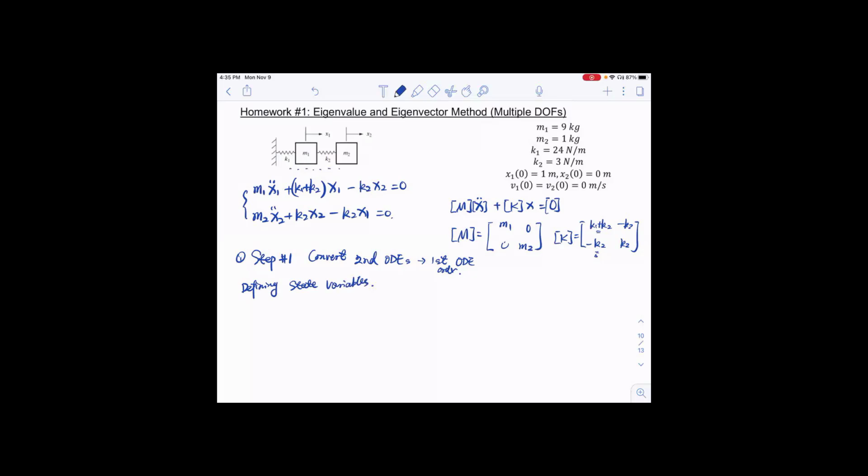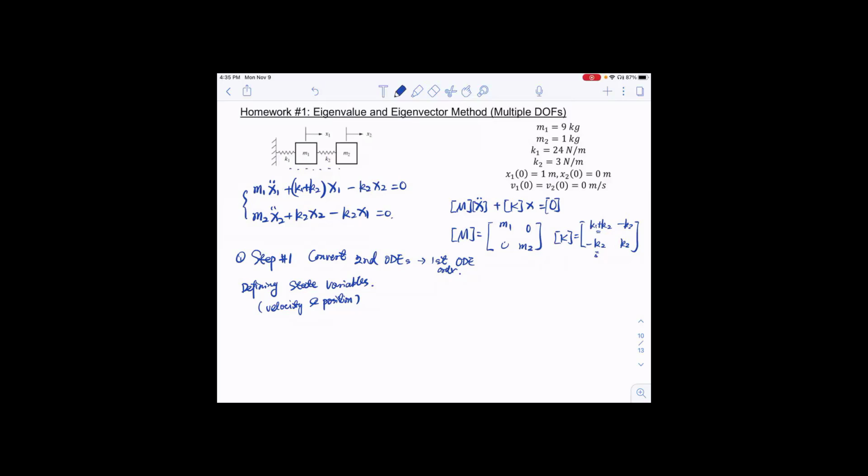For a mechanical system, when we talk about state variables, that means we need to define velocity and position. Depending on how many coordinates we have, we might have more than two state variables. Here we have two coordinates, so we need to define velocity and position for both.